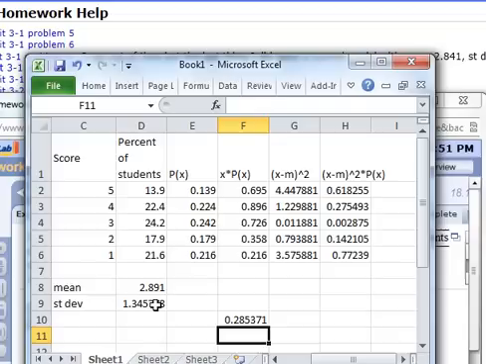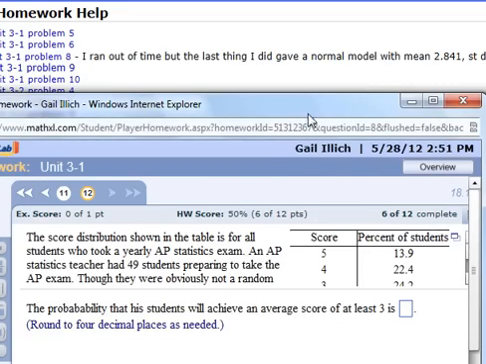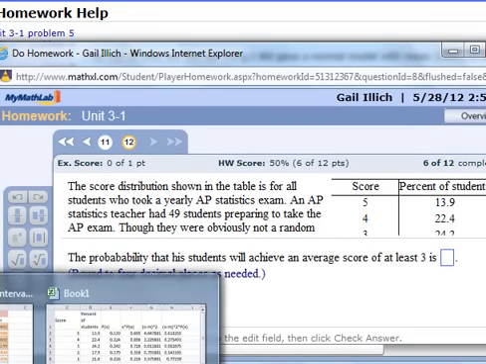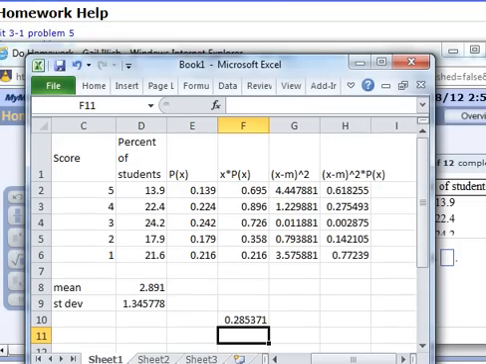So there's a 0.285 or 28.5% chance that his students did better than that. So I have to do 4 decimal places. So 0.2854.